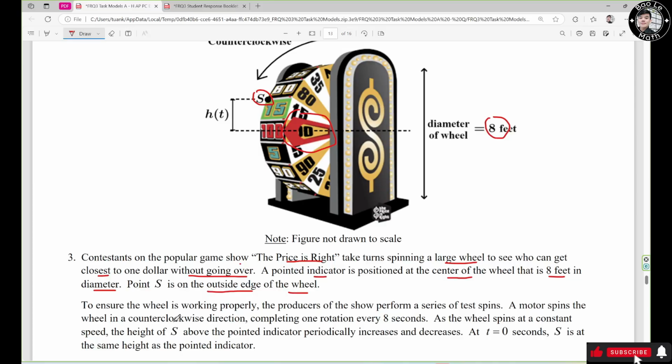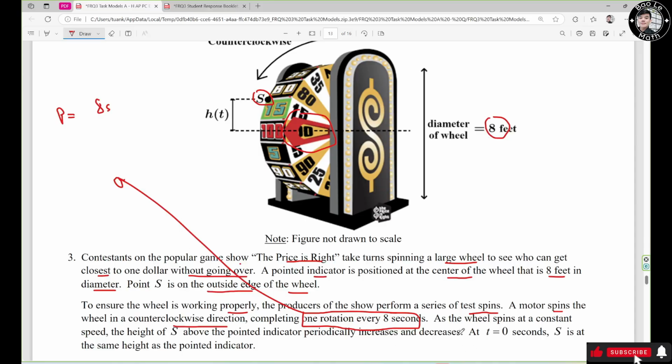To ensure the wheel is working properly, the producers of the show perform a series of test spins. A motor spins the wheel in a counterclockwise direction, completing one rotation every 8 seconds. This tells us that the period equals 8 seconds, because the period equals time divided by number of rotations.